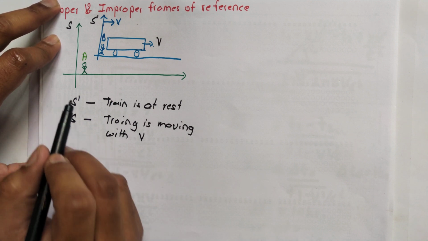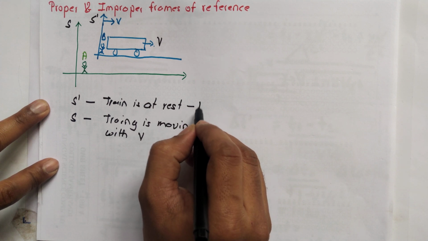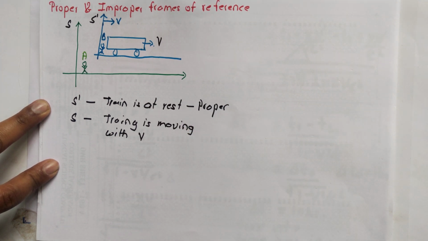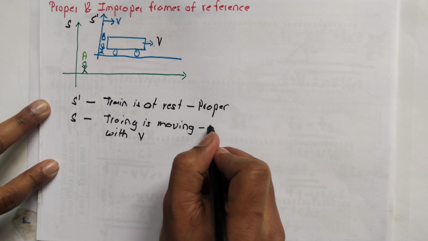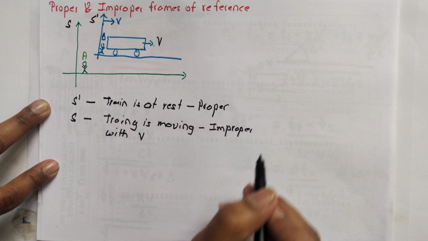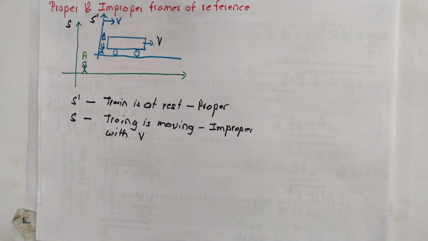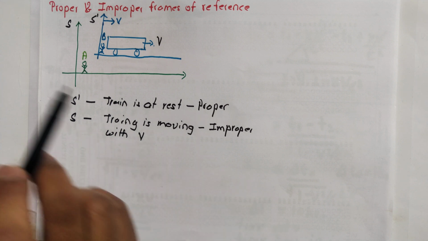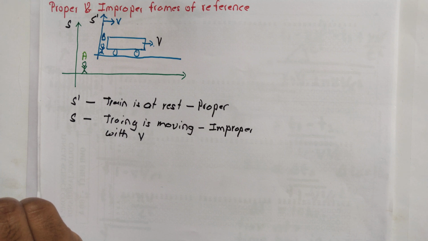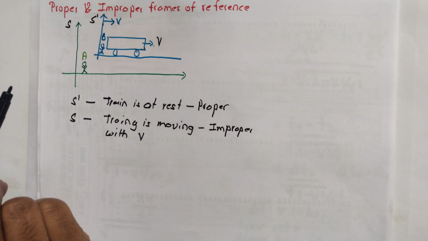So this S dash frame of reference is called the proper frame of reference, and the S frame of reference is called the improper frame of reference. So B's frame or S dash frame is the proper frame of reference, whereas S frame is the improper frame of reference.